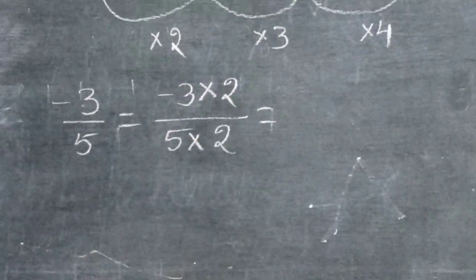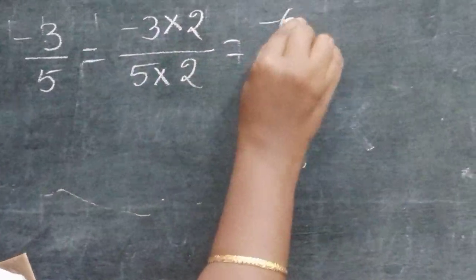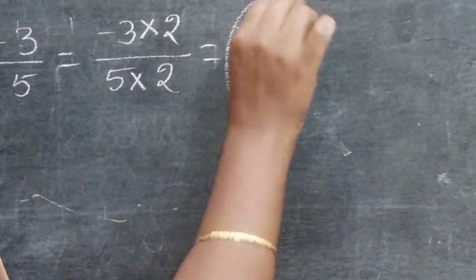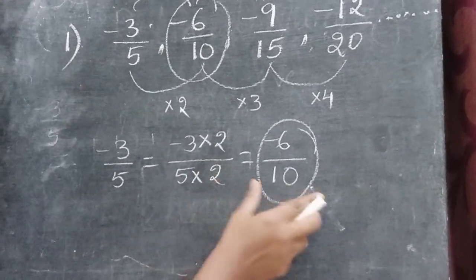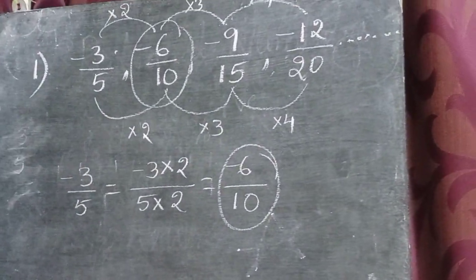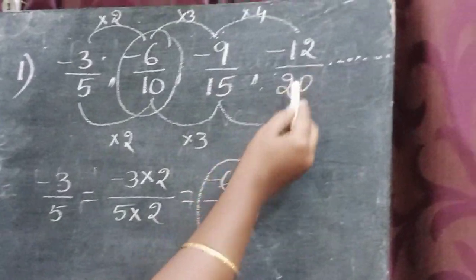What is the answer now? -3 into 2, -6, and 5 2s are 10. So -6/10, already it is there. When you multiply with 2, you will get -6/10. When you multiply with 3, you will get -9/15. And when you multiply with 4, you will get -12/20.